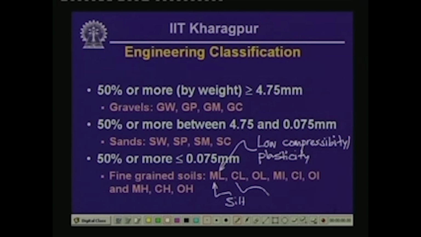Then C, as explained before, is used to indicate clay. Symbol O is used to indicate organic soil such as peat.